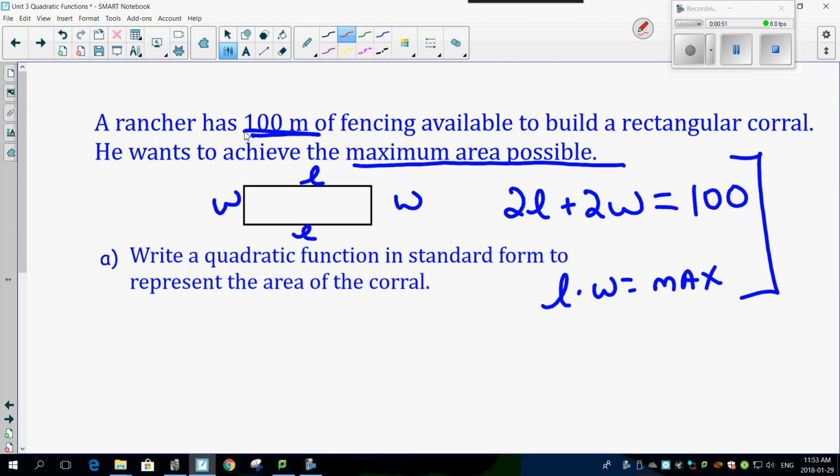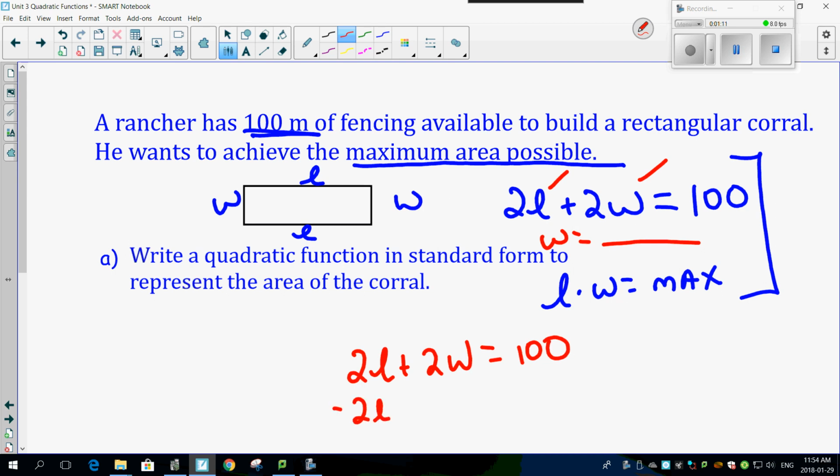First thing that I would do is I would say, okay, what do you want to solve for? Do you want to solve for length or do you want to solve for width? I'm going to solve for width in this case. So in other words, I want it to be W equals something. All right. So here we go. 2 lengths plus 2 widths equals 100. Now, solving for W means you have to subtract 2L from both sides.